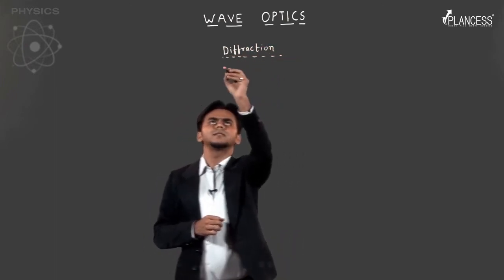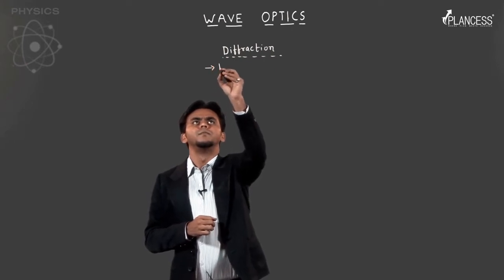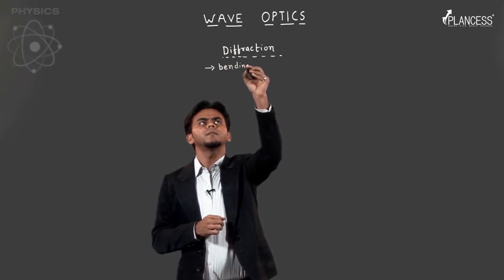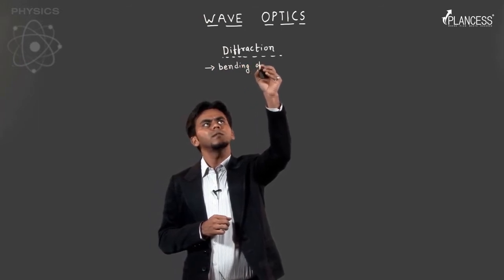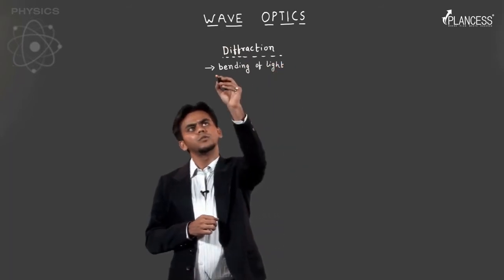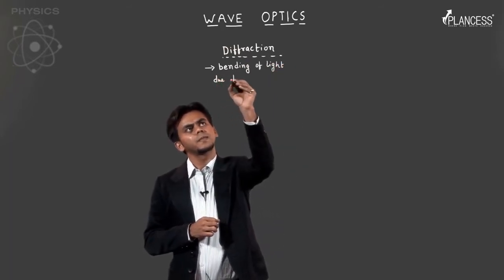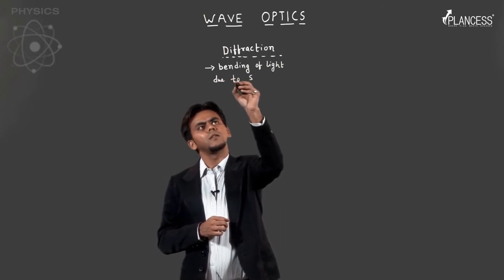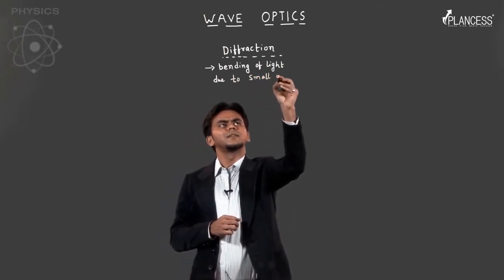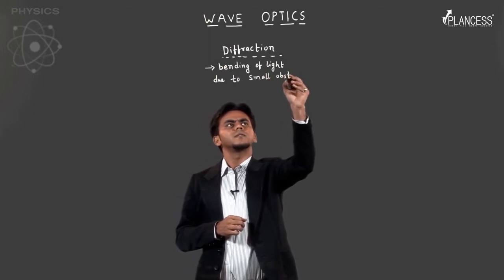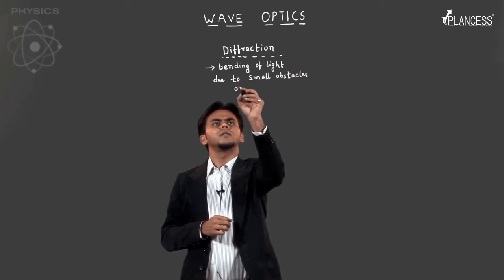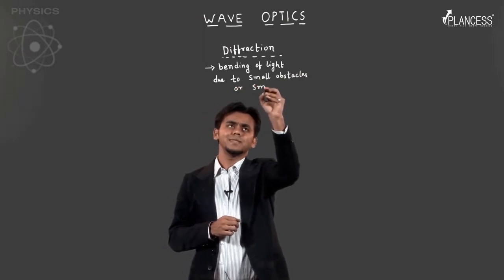This can be said as bending of light due to small obstacles or small openings.